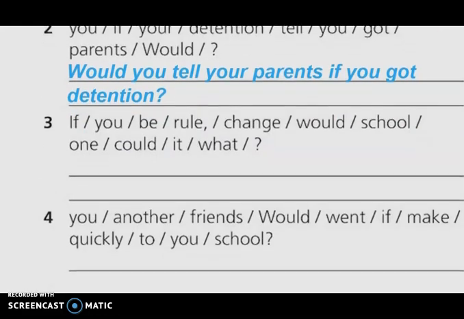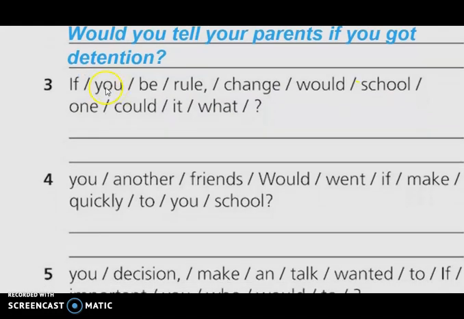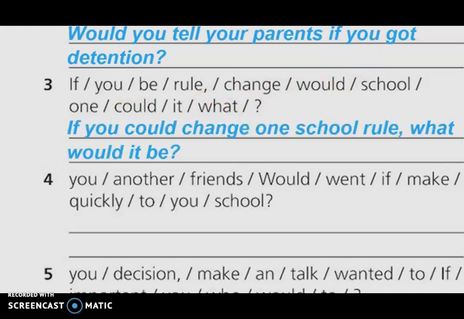What about number 3? Look here, if with a capital letter, and we have a comma, so we have to start with the if part. So if you could change one school rule, what would it be?